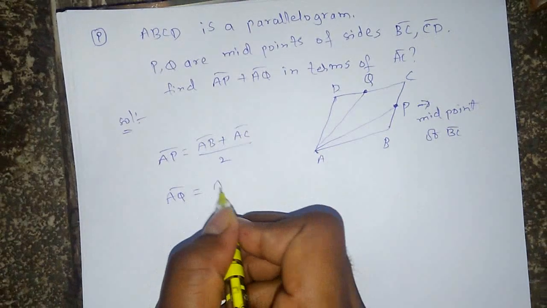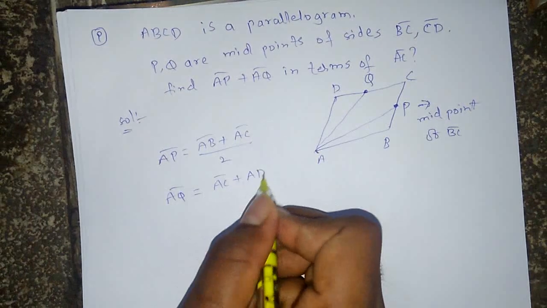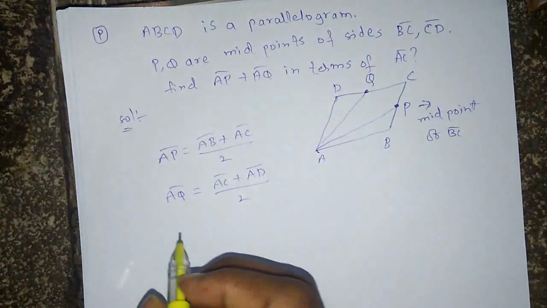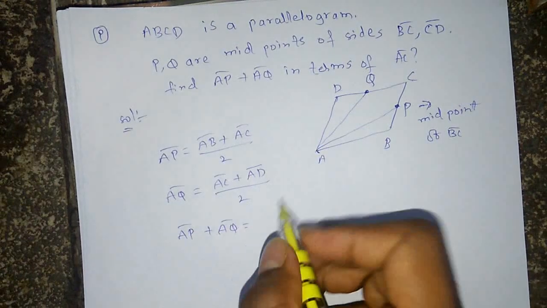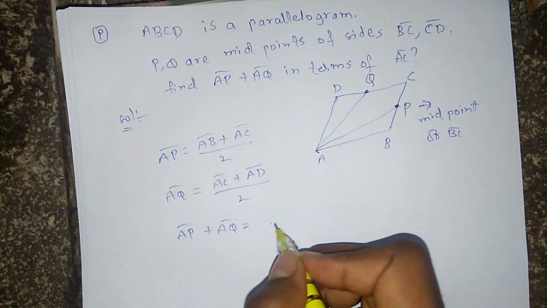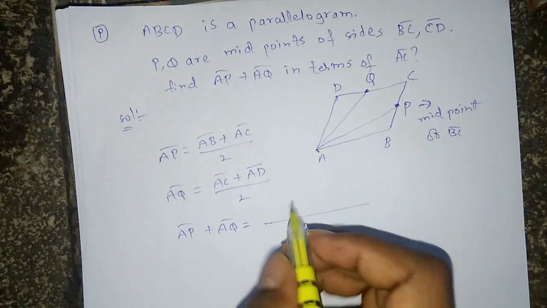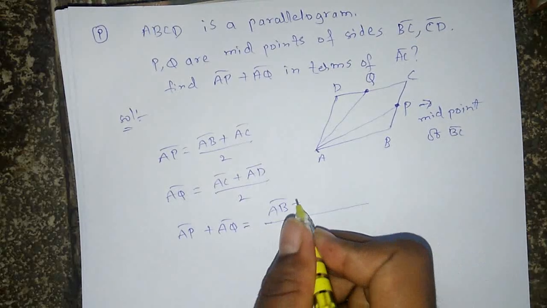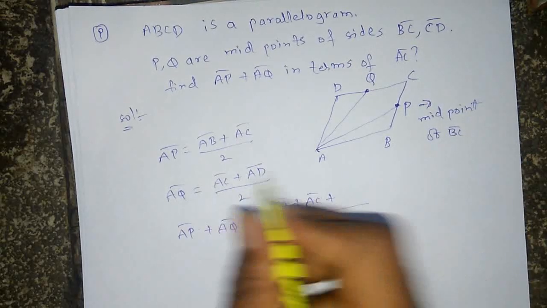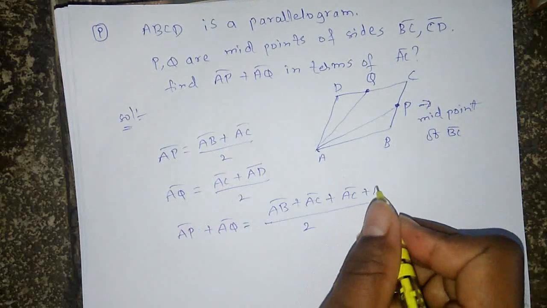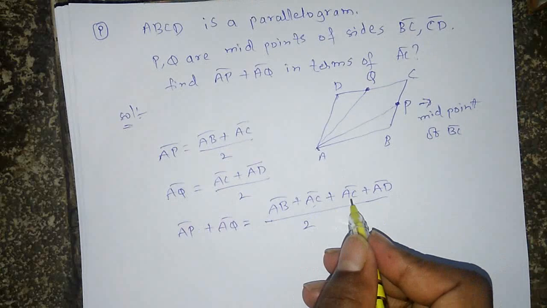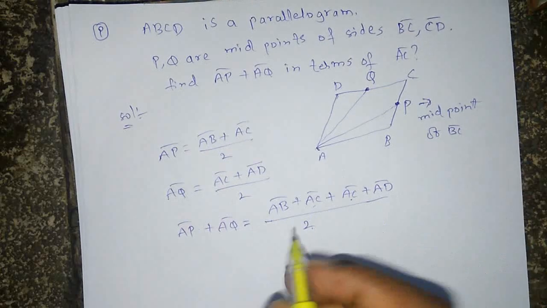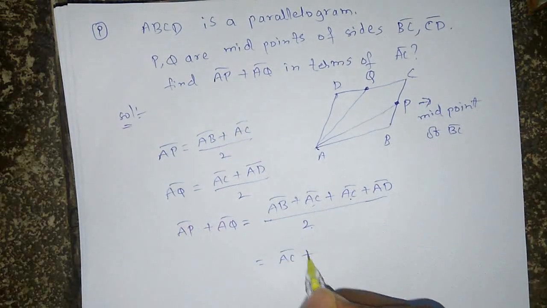So I can write AQ as AC plus AD by 2. Now we need to find AP bar plus AQ. So add all this, LCM is 2: AB bar plus AC bar plus AC bar plus AD bar. AC bar plus AC bar is 2AC bar, 2AC bar by 2. So that is AC bar.